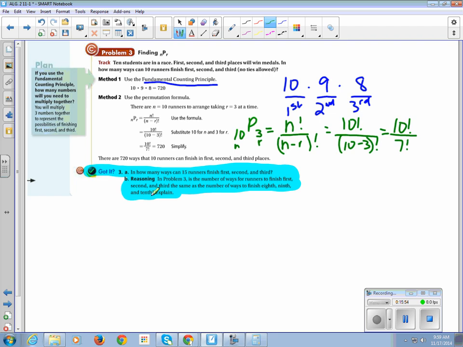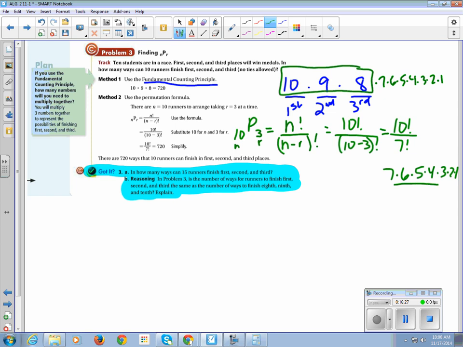So that's 10 factorial, and if you look here, 10 factorial is 10 times 9 times 8 times 7, etc. 7 factorial is 7 times 6 times 5 times 4, etc. This part has been canceled with this part here.